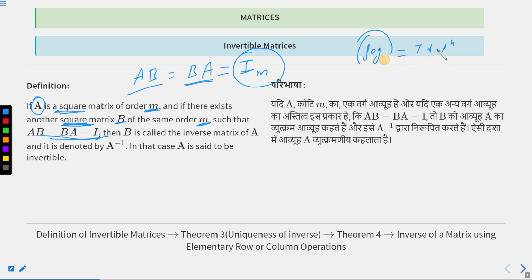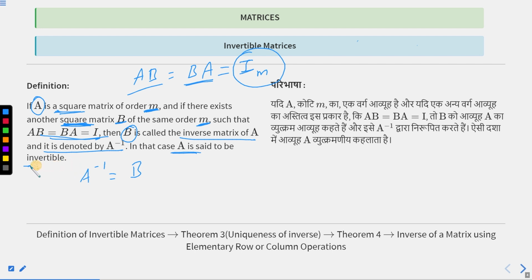Clear? This means B is called the inverse of the matrix A, and this means A inverse will be B. In this case, and only in this case, you say that A is said to be invertible.